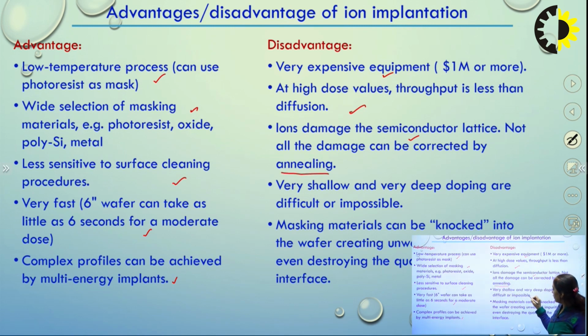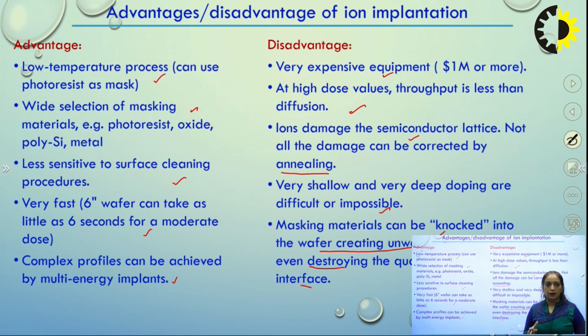A very shallow and very deep doping profile is very difficult or impossible with the help of this process. Masking materials can be knocked into the wafer, creating unwanted impurities or even destroying the quality of the interface, right, because it is carried out at a very high energy.